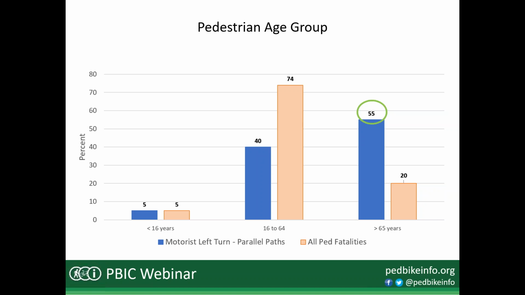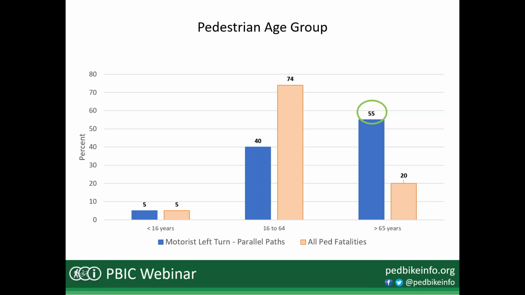But it also may be partly a factor of their frailty and inability to get out of the way when a vehicle is turning and maybe accelerating into their turn. They think they've identified a gap, they're looking at oncoming traffic, and they start to make that turn and start accelerating. And the pedestrians just don't have enough chance to get out of the way.